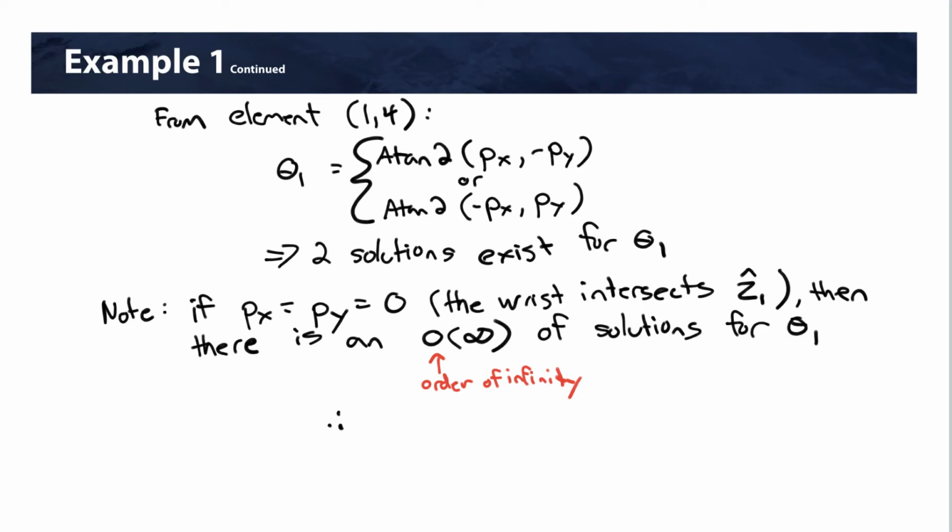So in that special case, when px equals py equals 0, theta 1 is chosen arbitrarily. We can set it to whatever value we want, and often you would just set it to what theta 1 was in the previous instance. Okay, so we've now solved for theta 1.